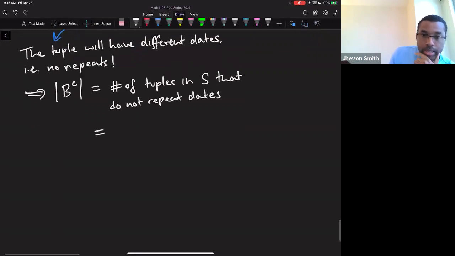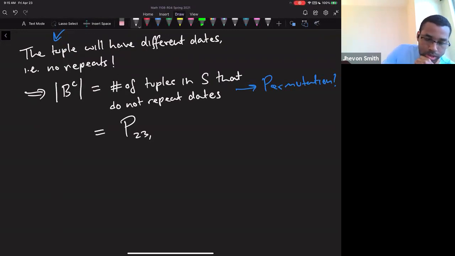We actually know how to count that. That is a permutation. So this is just P of 23, well, we're choosing from 365 days, and we want to choose 23 different options and line them up in an order, line them up in tuples.